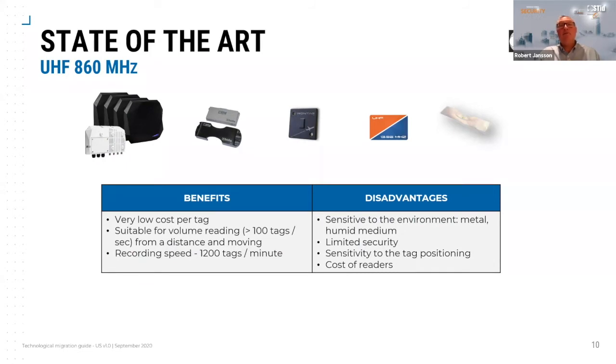This is why it's used in vehicle access, but also in your local post or UPS terminals to read and scan packages and other things there, clothing in dry cleaners and so on. The ultra-high frequency has its disadvantages with its very sensitivity to metal and human body, human medium is also there.